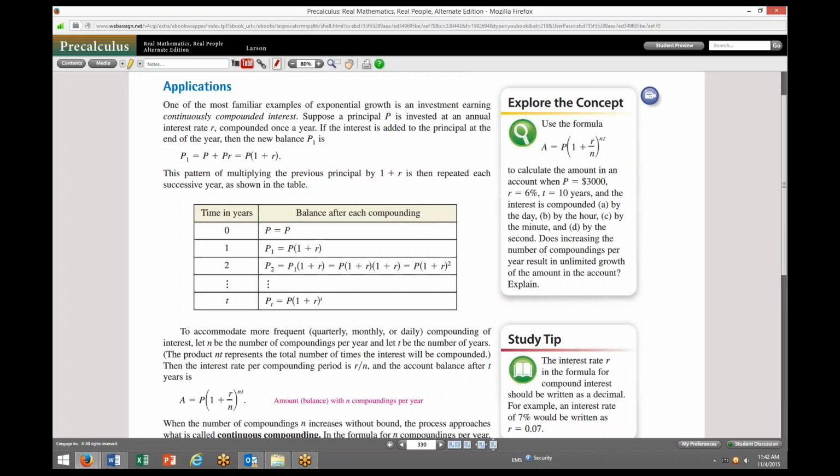So they're earning interest on their interest. That's why we call it compounded interest, earning interest on the interest. Benjamin Franklin put it this way: money makes money, and the money that money makes more money. So that's the way he had it for saying compound interest.